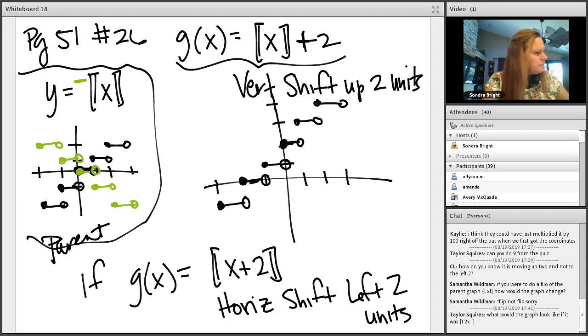I don't see it. Okay. So I'm skipping that. Number 16 on page 49. I'm going to skip that one too. If we have more time, I can do it.